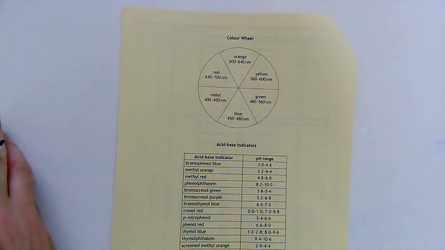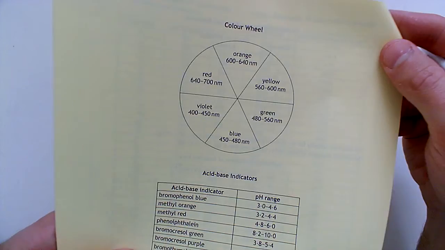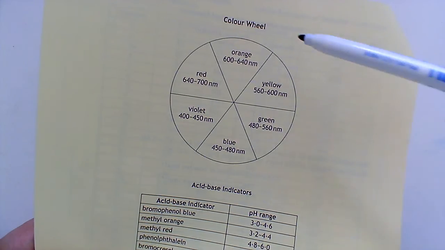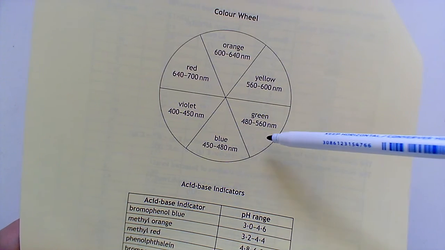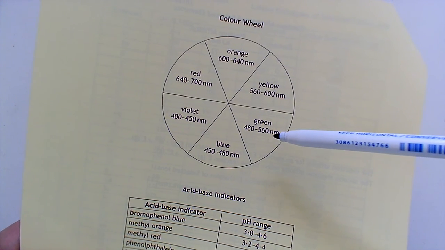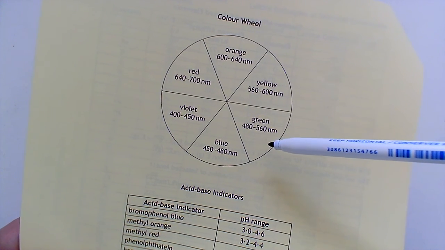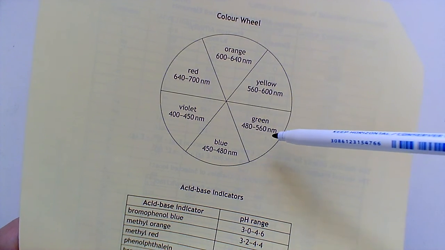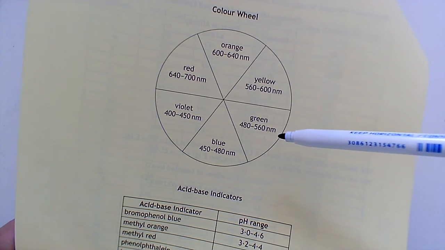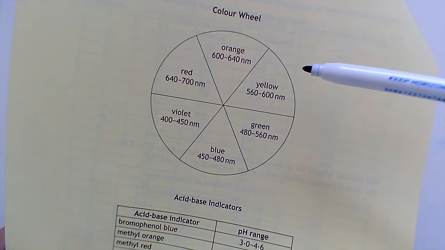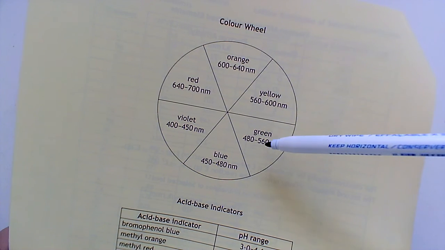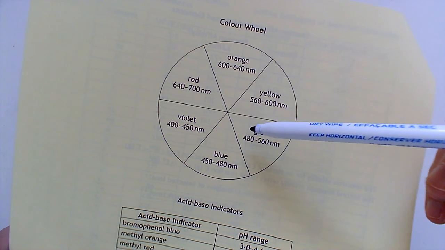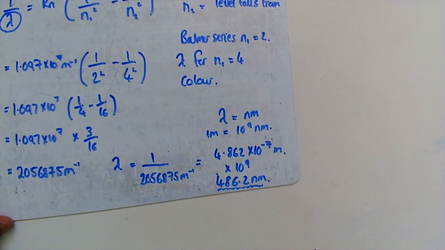Now, because this is an emission spectrum, we can use this directly. So we look at the colour wheel. 486 is here, so it's going to be green, the colour. If it was absorption, we would use this differently, and whenever we get onto that topic, you'll see how. But because it's emission, we're seeing green, so the colour is green.